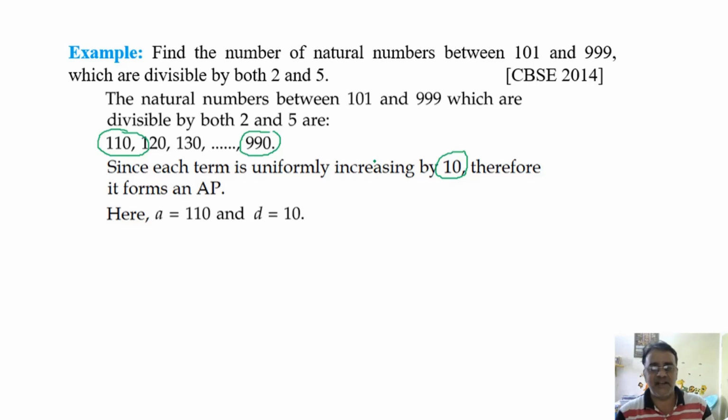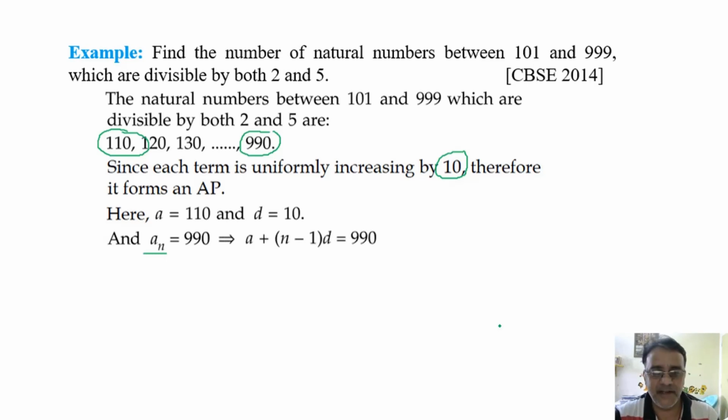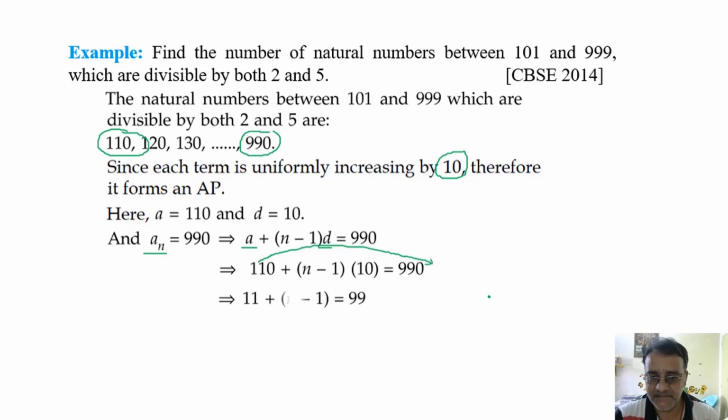Number of terms के लिए 990 कौन सा term है, that we have to find. So let AN is equals to 990. So what is the formula of AN? A plus (n minus 1) into D is equals to 990. So we'll substitute the value of A and D, that is 110 and 10. Now shift 110 to this side, subtract, you will get 880.